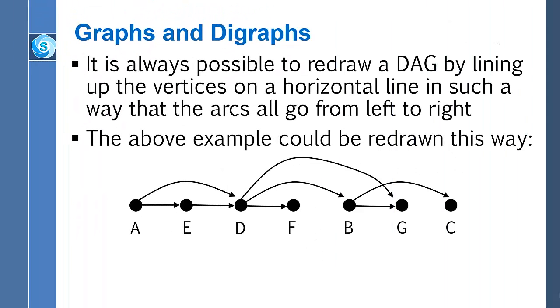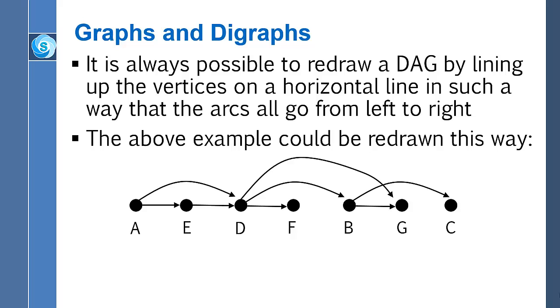There's a fundamental fact about DAGs that we're not going to attempt to prove. Anytime you have a DAG, it's always possible to order the vertices in some fashion, let's say lay them out from left to right, in such a way that all of the arcs move from left to right. Here is one possible way of redrawing the DAG that we just looked at.